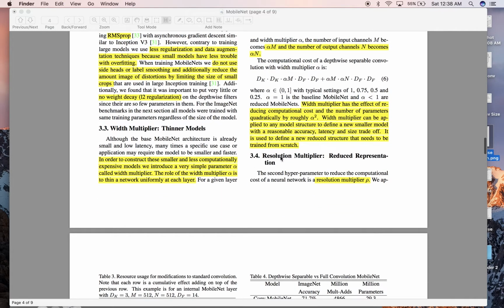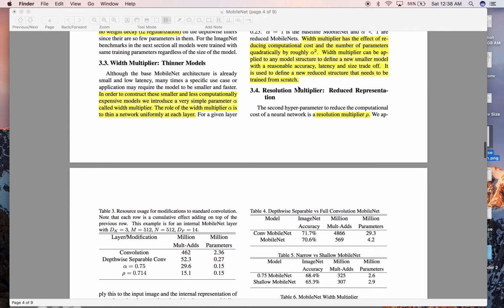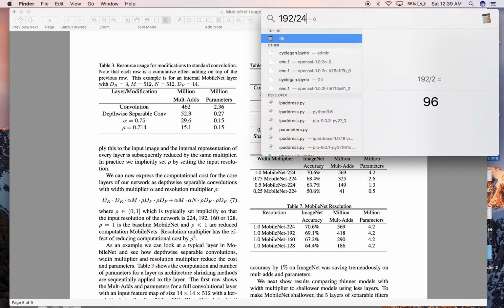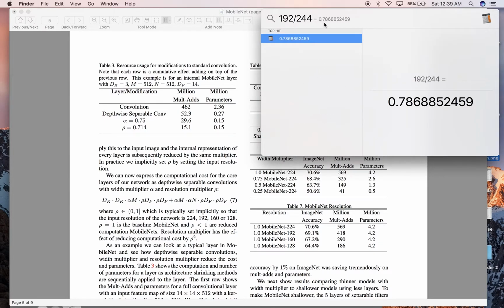And he also has a resolution multiplier, which is the second hyperparameter. So basically what it does is that if your original image size is 224, now it becomes 192. So basically let's say your rho value is 0.78, right? So you multiply your input size of 224 by 0.78, and the image that you would actually consider would be 192 pixels.